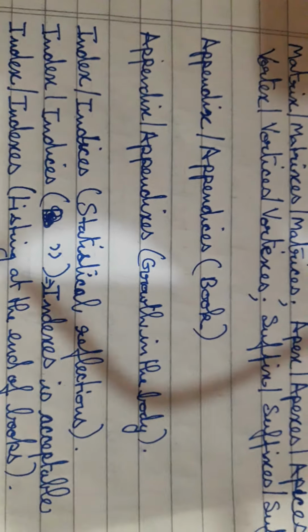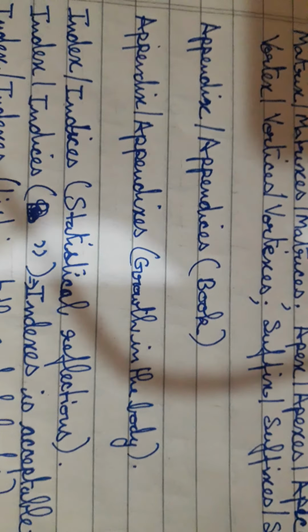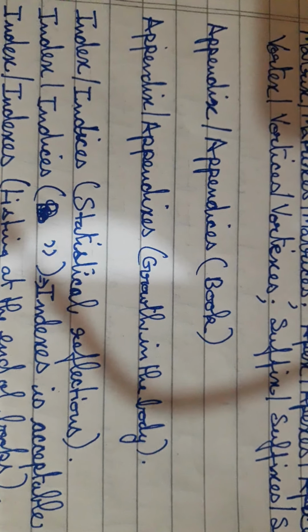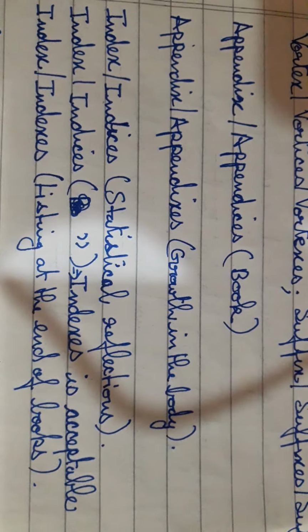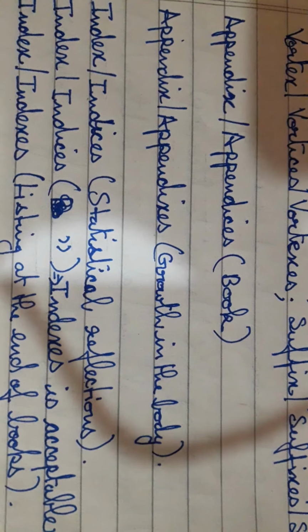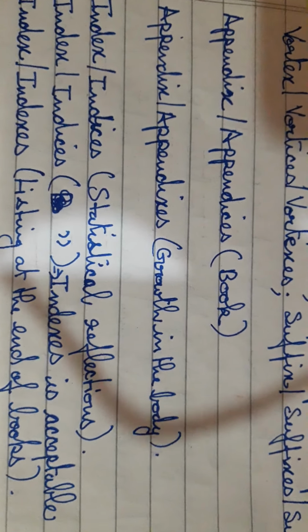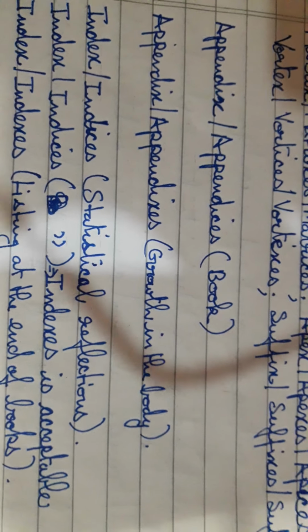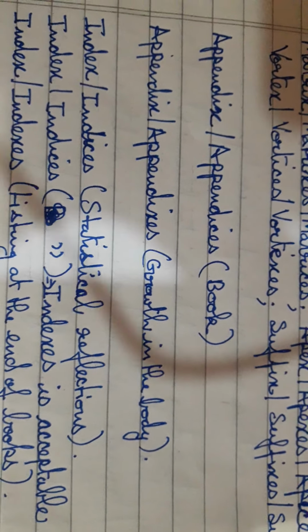Now coming to index and indices. When we are talking about index in terms of statistical reflections, I would say indices. Index, indices is also referred to in statistical reflections, and indexes is also accepted.